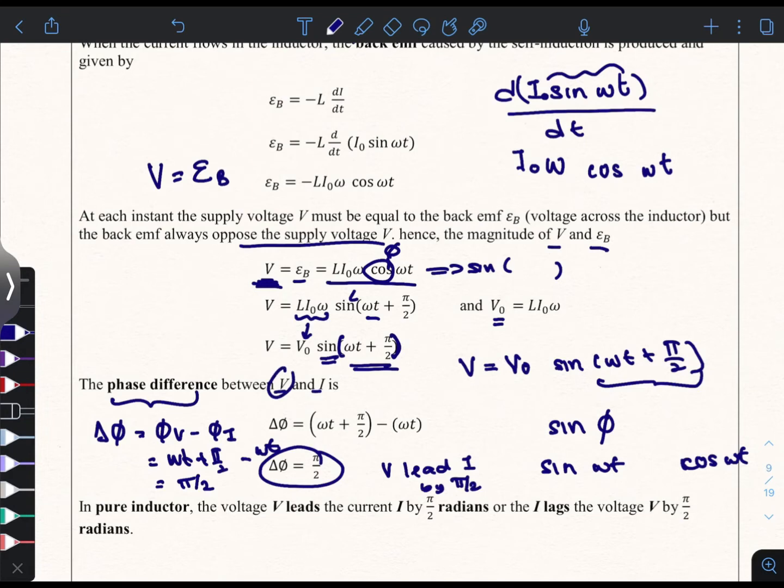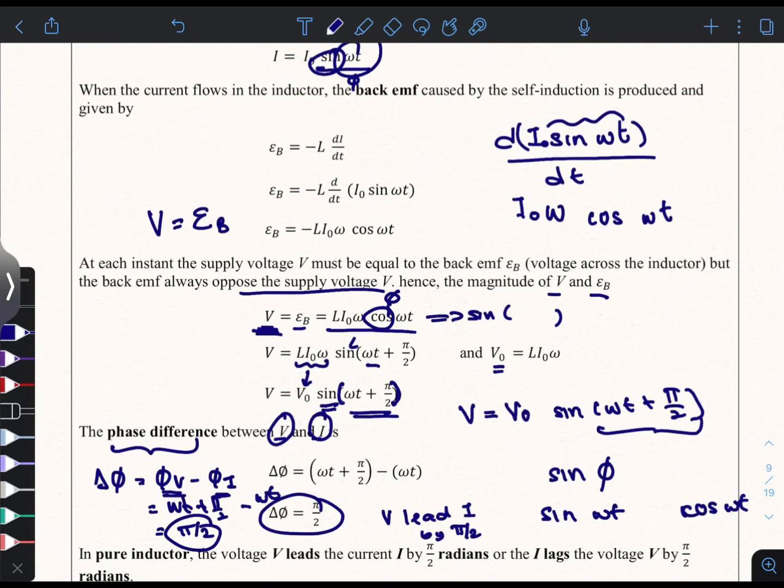Okay, V tolak I, and you get a positive answer, maksudnya V is leading I by pi over 2. Okay, so berdasarkan equation yang ini, you can see this equation here, V is equal to V0 sin omega t plus pi over 2.